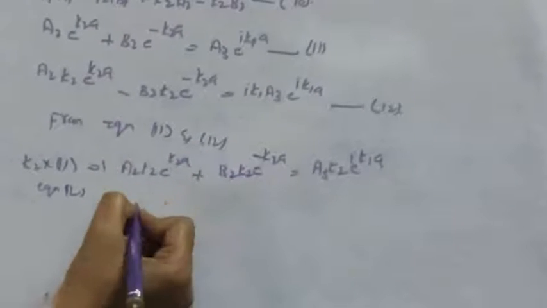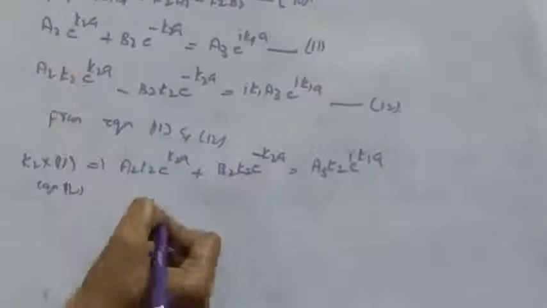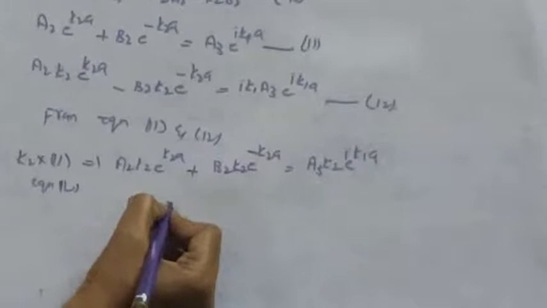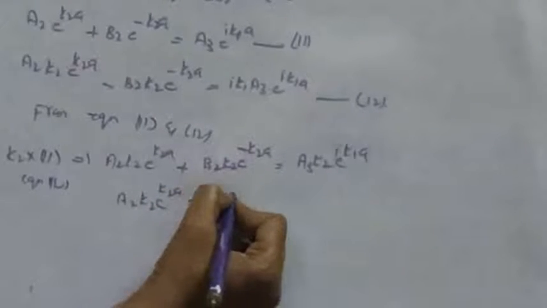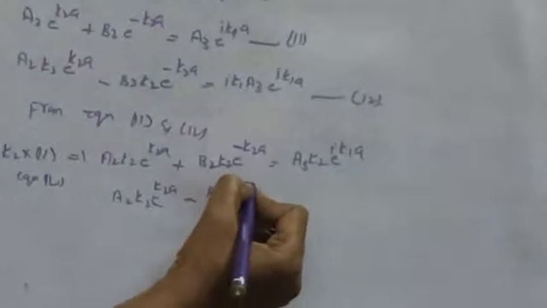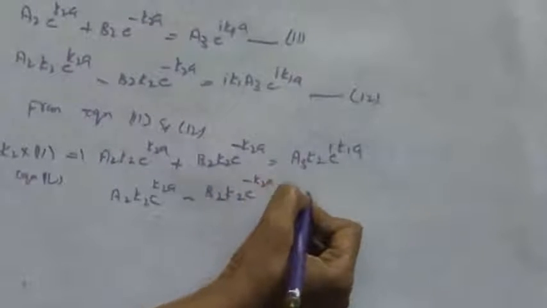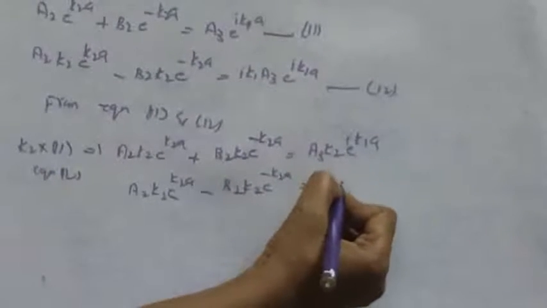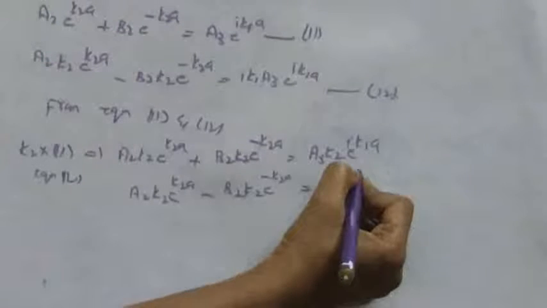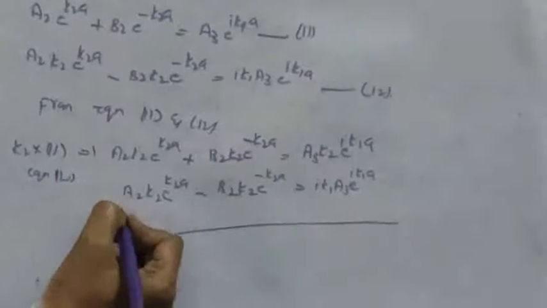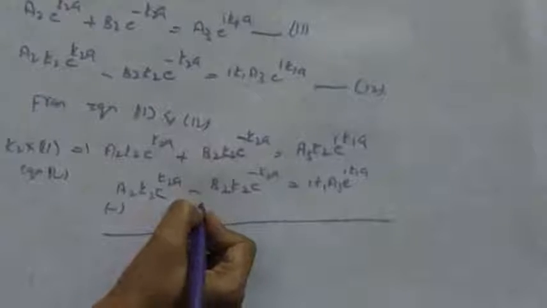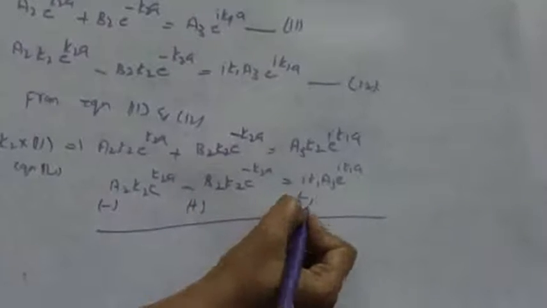Now consider equation 11 and equation 12. So what is equation 12 now? a2 k2 e power k2a minus b2 k2 e power minus k2a is equal to i k1 a3 e power i k1a. Now subtract. As it is a plus term, it becomes minus. As it is a minus term, it becomes plus. This term gets cancelled and these two terms add up.